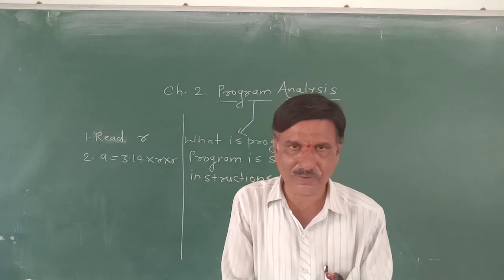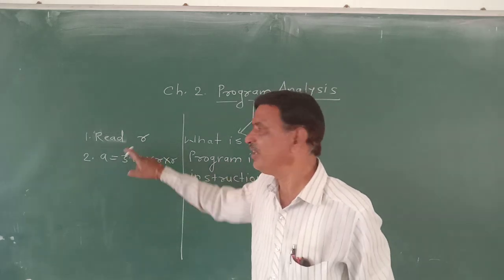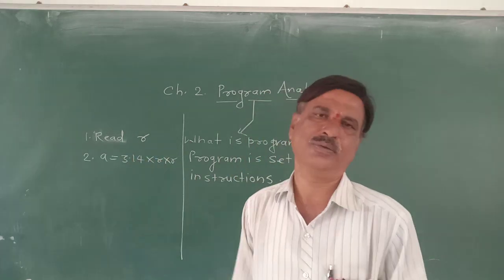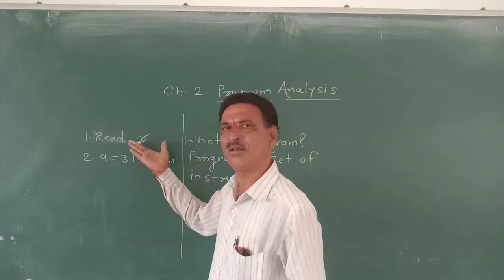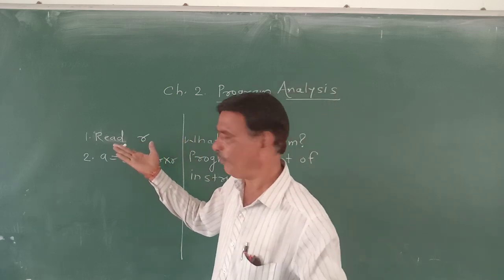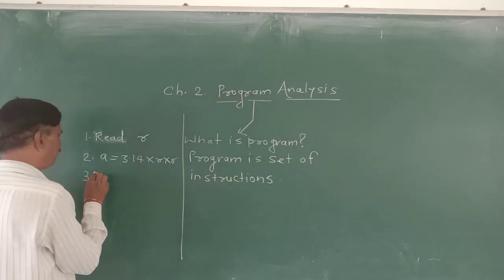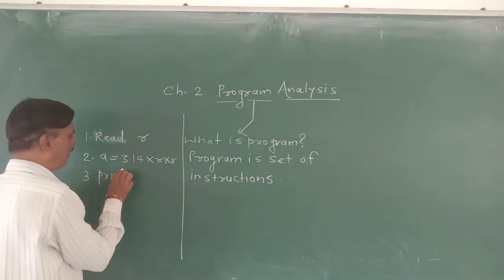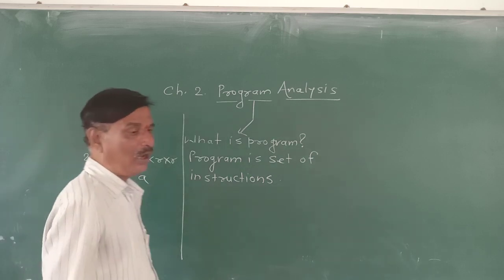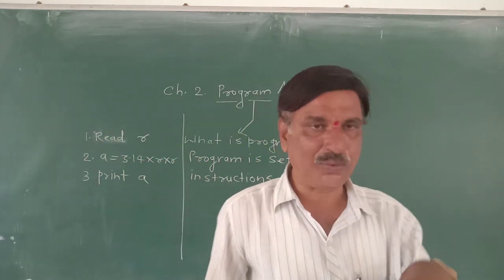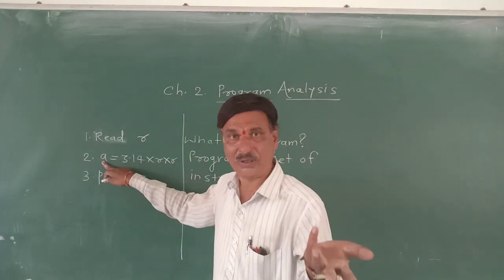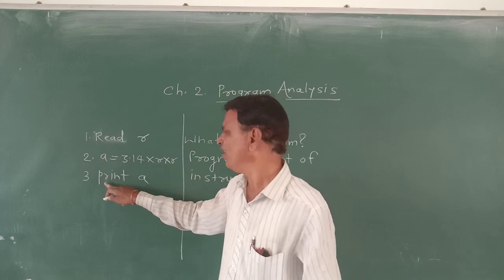We are inputting the value through the keyboard. You are giving the instruction to the computer to read that value. Whatever value is taken from the keyboard will be put in the formula and processing will be done. And third, print A.